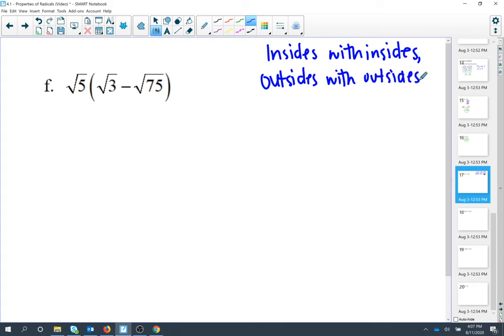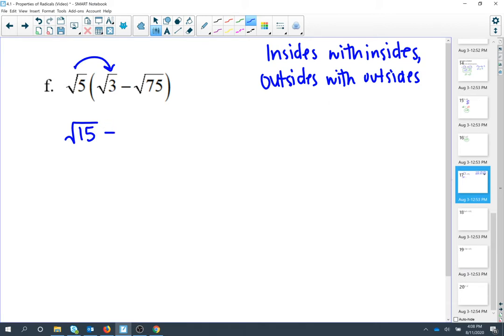Now, what I mean by that is when you're multiplying, we're going to take the square root of 5 and distribute it, and we're first going to multiply it by the square root of 3. Well, 5 is on the inside of the root, 3 is on the inside of the root, so we can multiply insides with insides. So square root of 5 times square root of 3, square root of 15.